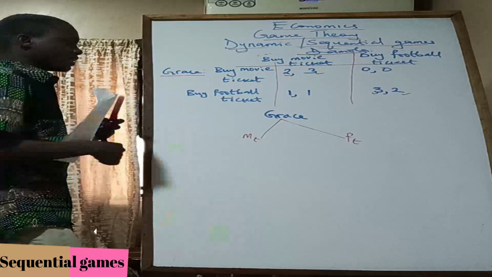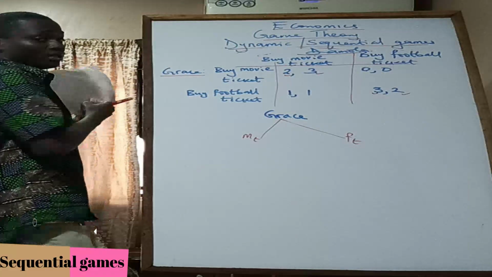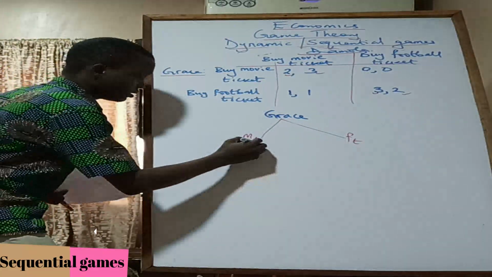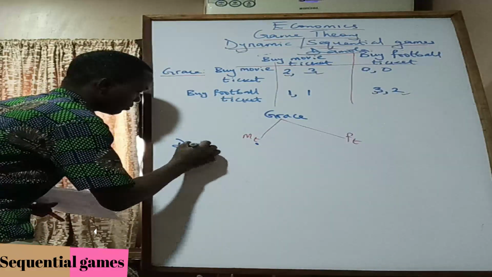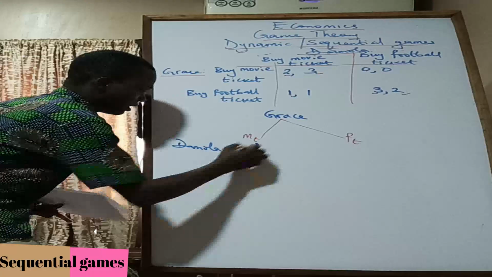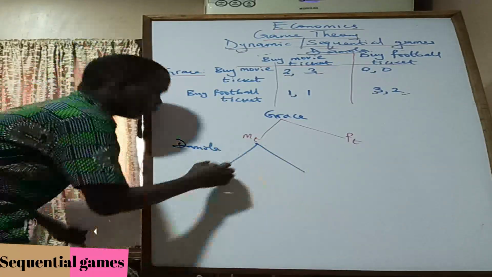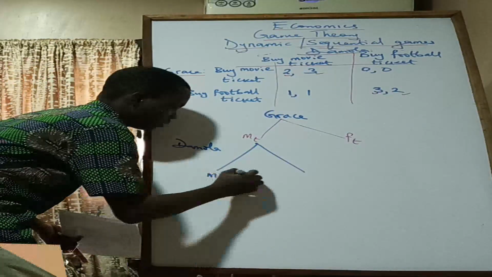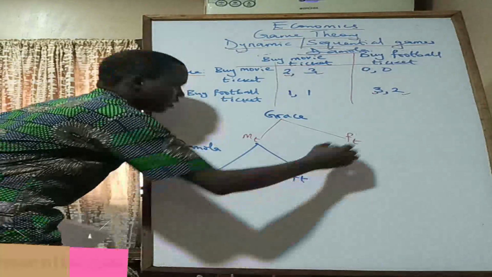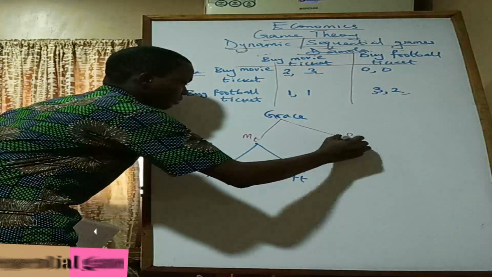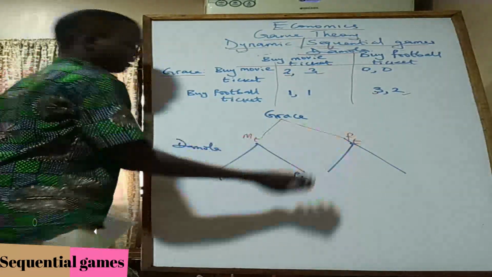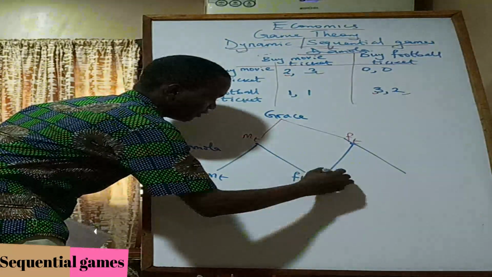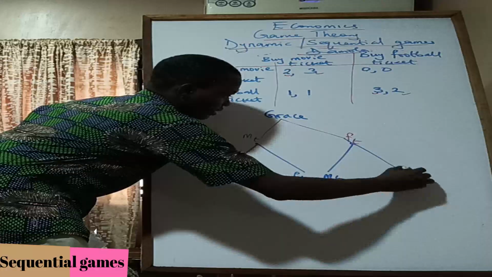If Grace decides to buy a movie ticket, then Damola can do two things: also buy a movie ticket or buy a football ticket. If Grace decides to buy a football ticket, Damola can buy a movie ticket or a football ticket.